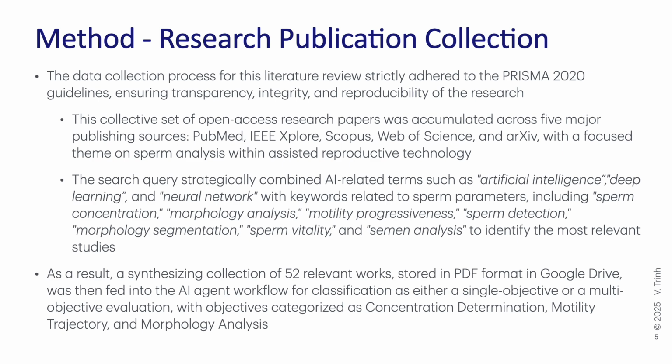As a result, a synthesizing collection of 52 relevant works, stored in PDF format in Google Drive, was then fed into the AI agent workflow for classification as either a single objective or a multi-objective evaluation, with objectives categorized as concentration determination, motility trajectory, and morphology analysis.